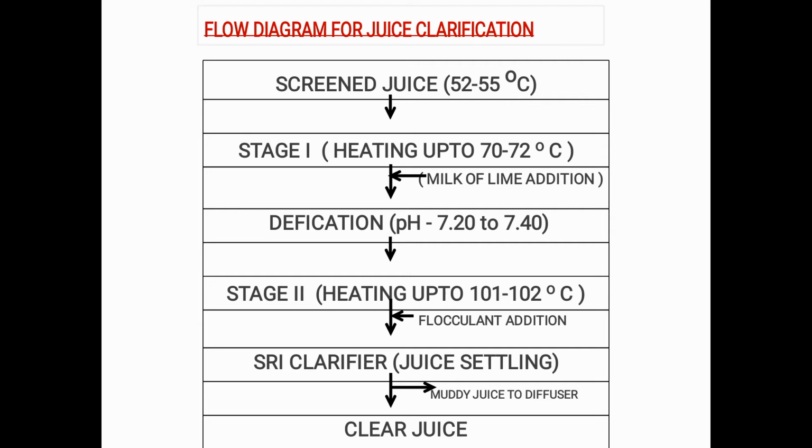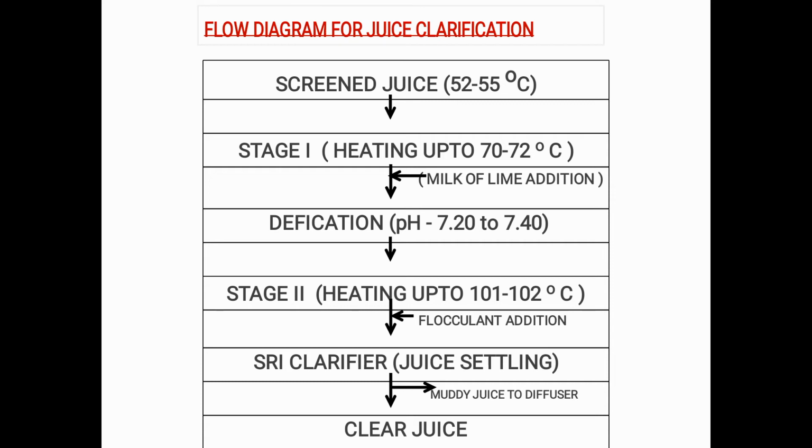If lime is added before the gas, that is called shock liming, because in the juice line, the lime is suddenly given directly as a shock. So there are two or three kinds of chemical addition. This is the general flow diagram for cane juice clarification.